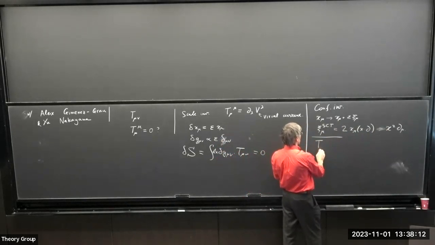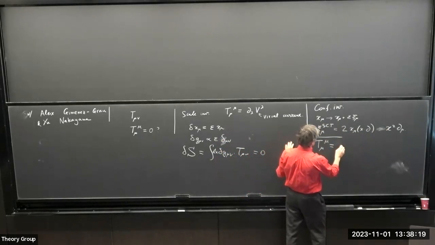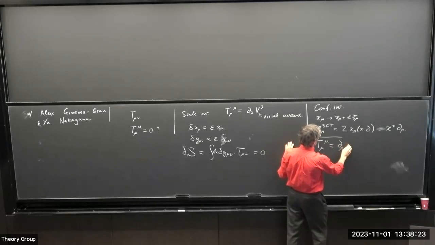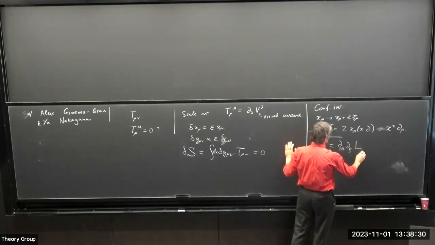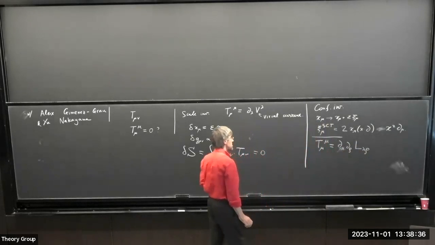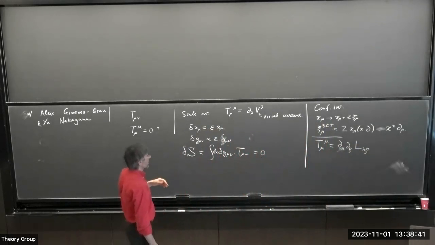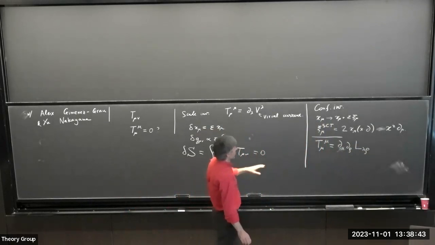Suppose that the trace of the stress tensor, T mu mu, is equal to the second derivative, ∂_λ ∂_ρ, of some operator, let me call it L^{λρ}. Now, what's going to happen if you have this condition?